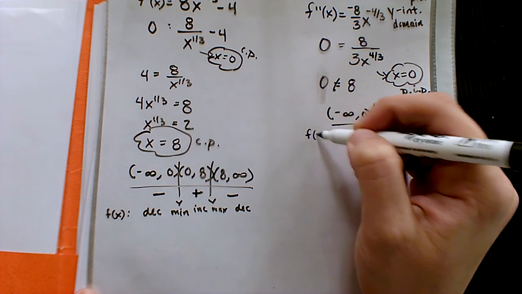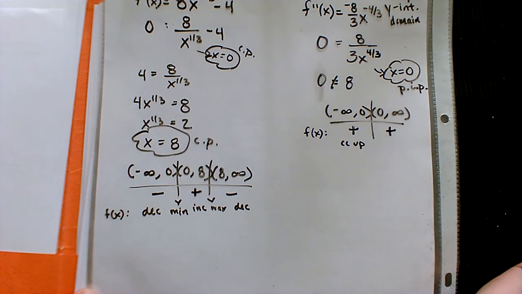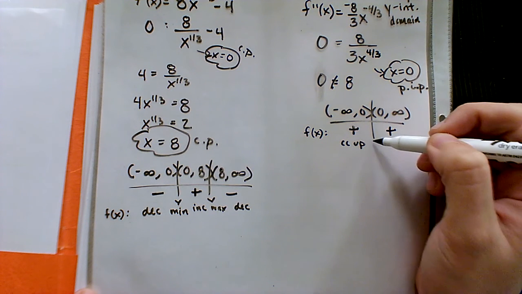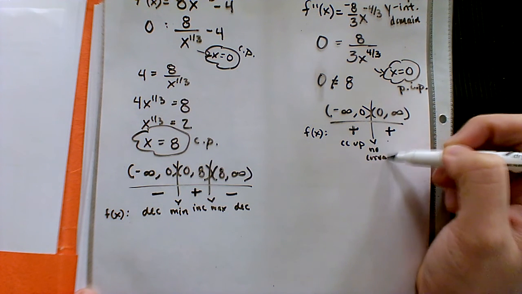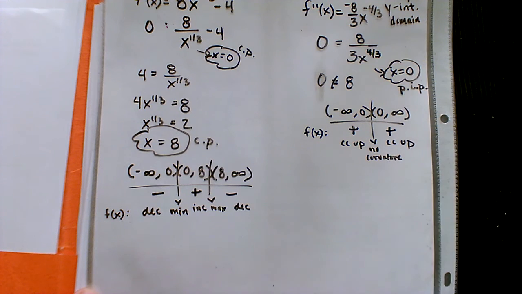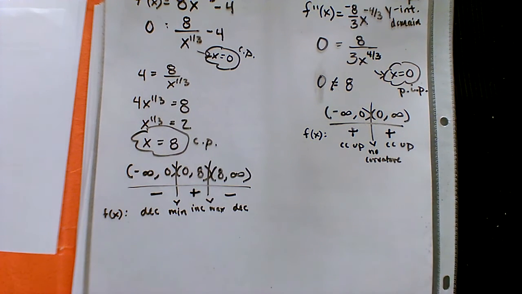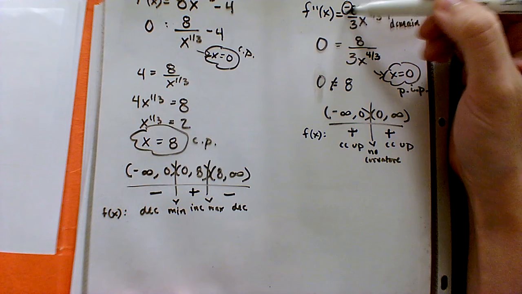From the second derivative sign chart, we are concave up. And then at 0, we have no curvature. And then concave up on the last interval. Oh, wait, these should be negative. I missed this.